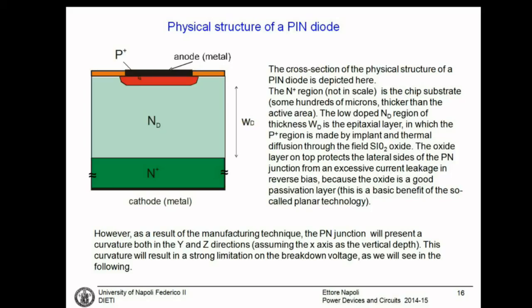On this substrate, the manufacturer diffuses the P plus region with the typical lithographic technology. You have a mask, you diffuse or implant the dopants, and you get this P plus region.